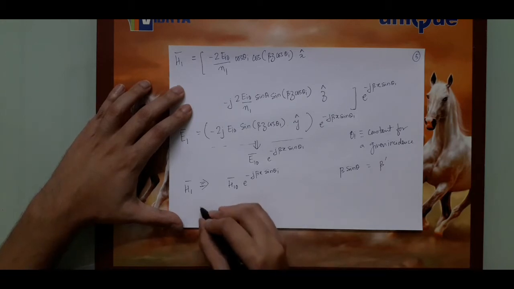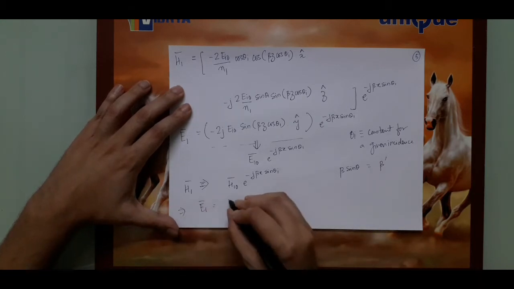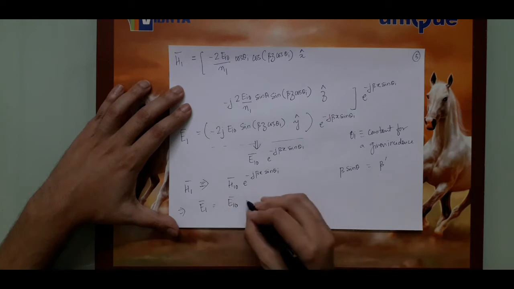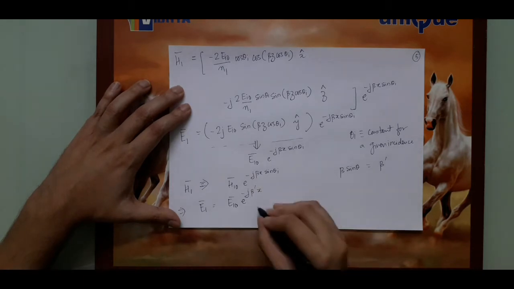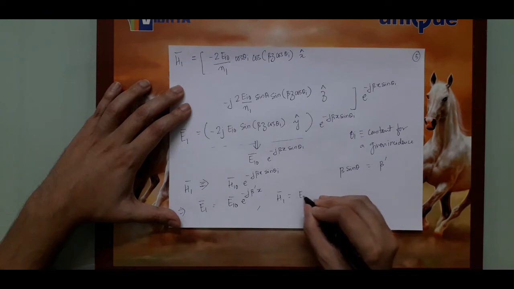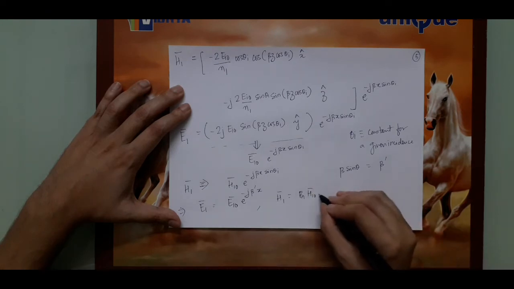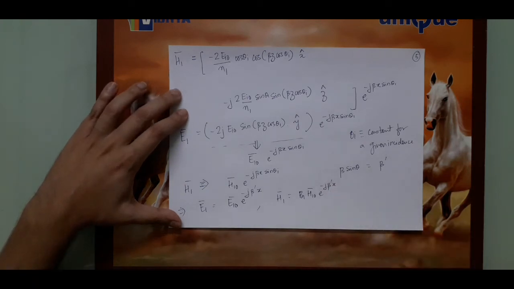So now I can write E1 as E10 bar times e raised to minus j beta prime x, while H1 I can write as H10 vector times e raised to minus j beta prime x.